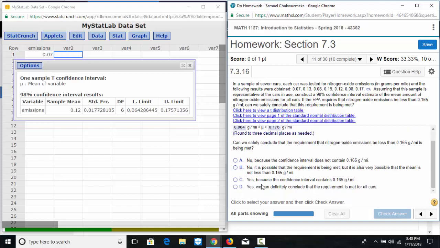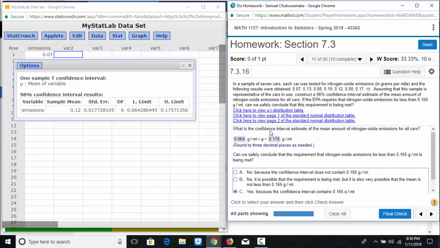So yes, because the confidence interval contains 0.165 grams per mile. Okay, so if we look at this question, we could easily say the answer is C. Yes, because the confidence interval contains 0.165 gram per mile.